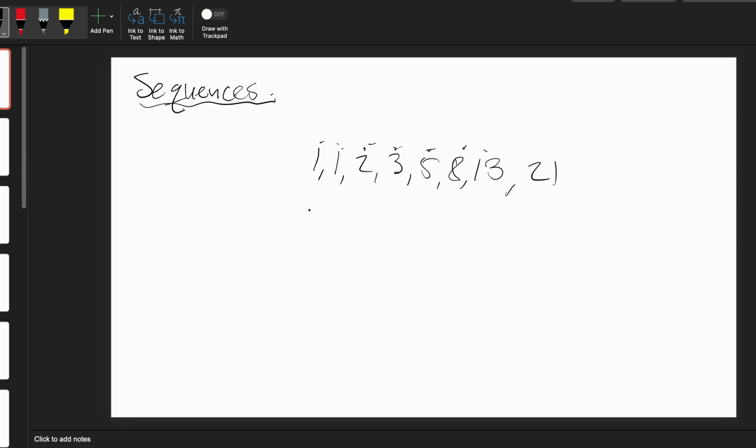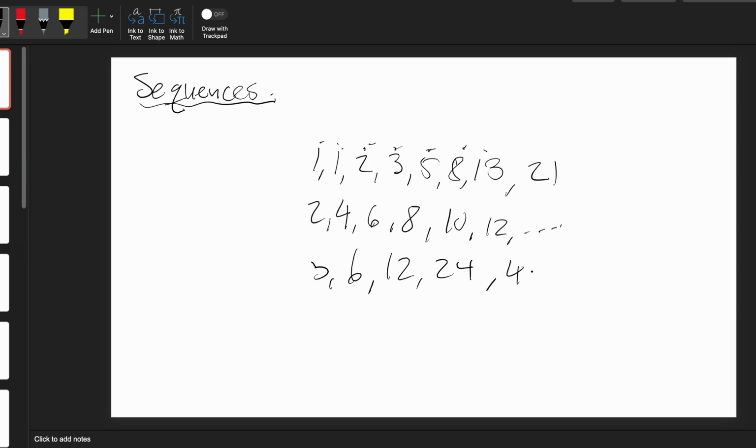Here's another sequence. 2, 4, 6, 8, 10, 12, and so on and so forth. This is the sequence of even numbers. Here's another sequence. 3, 6, 12, 24, 48.